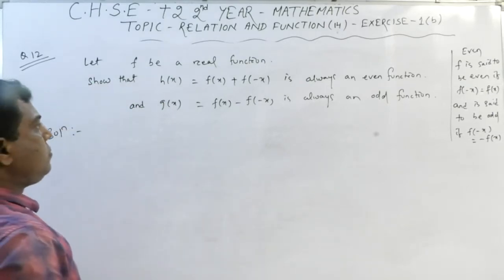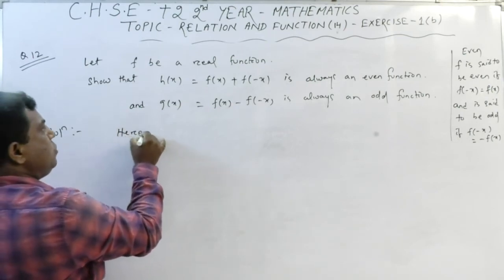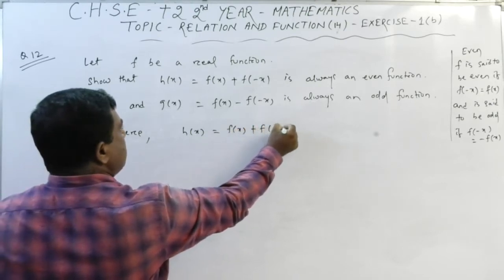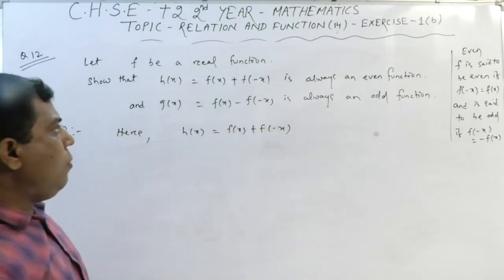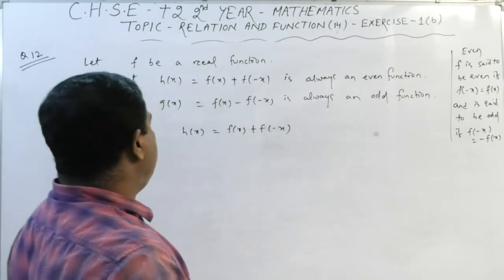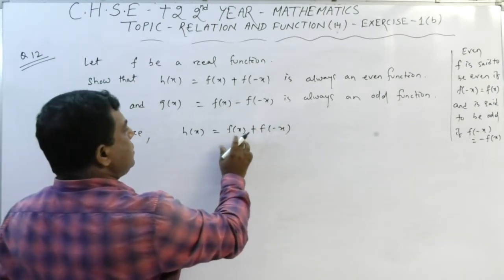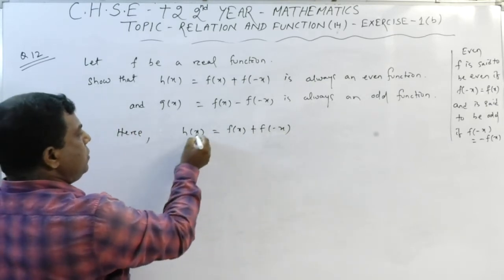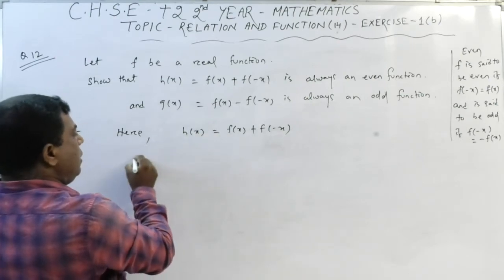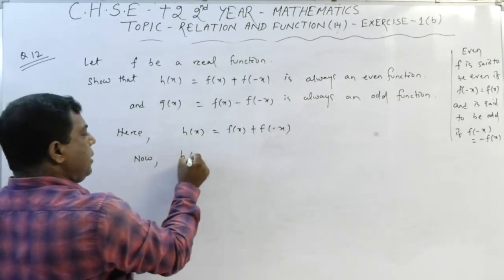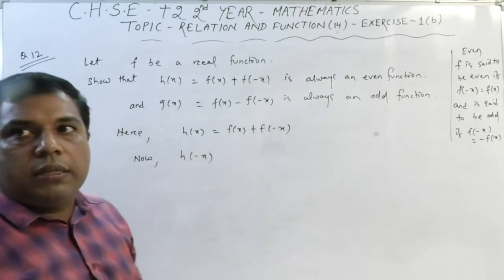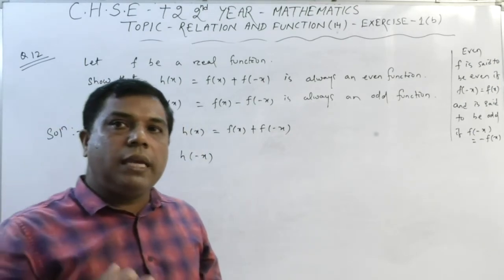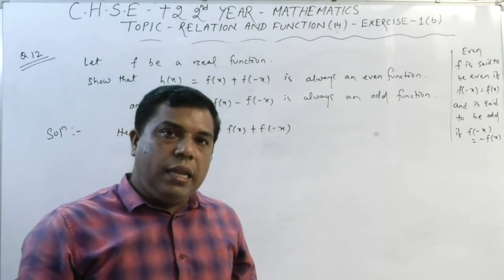So let us go for the solution. Here h of x is f of x plus f of minus x. Now, what about an even function? I can put minus x in place of x and check: if I get the same value, then I can say it is an even function.